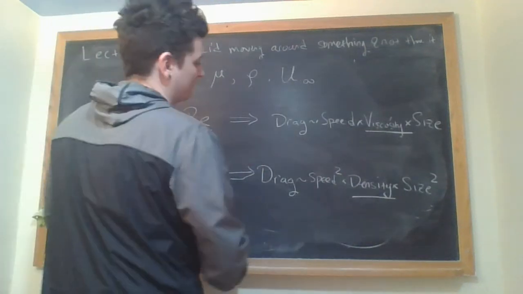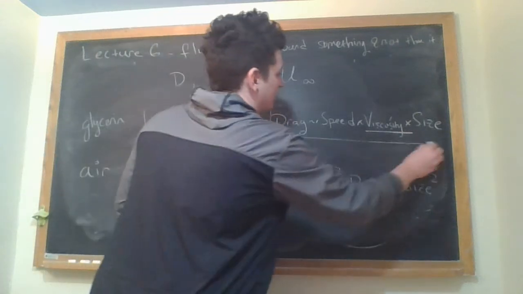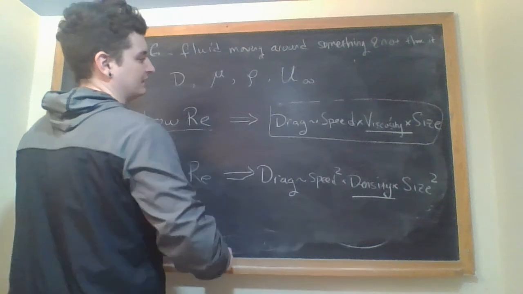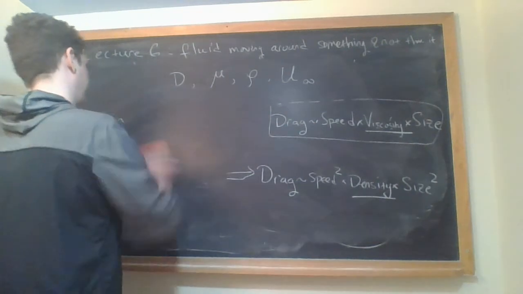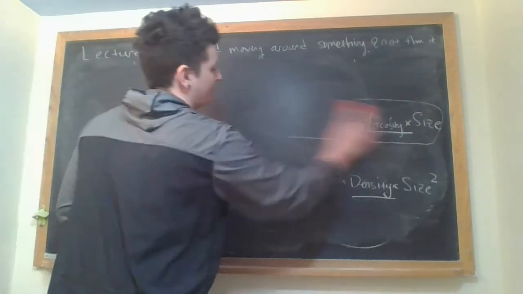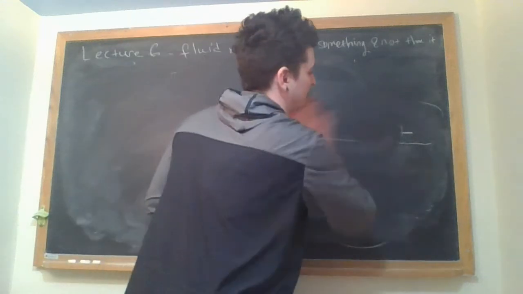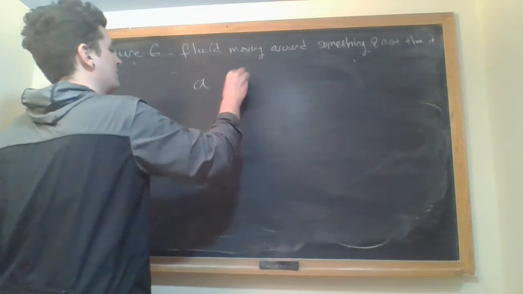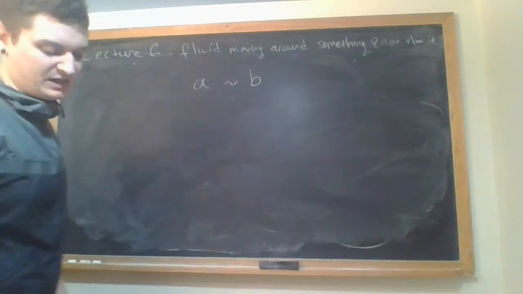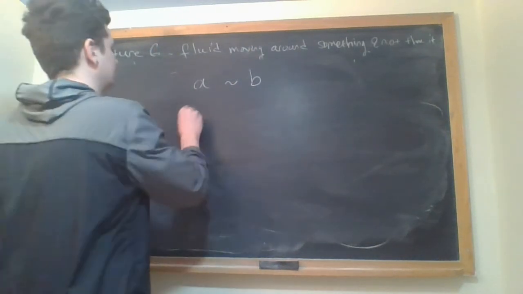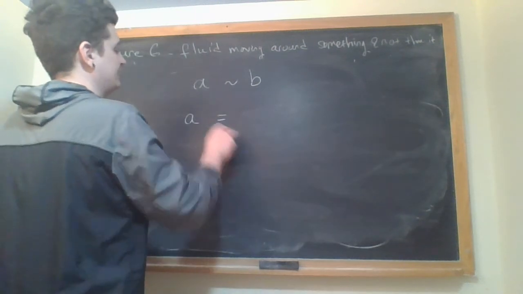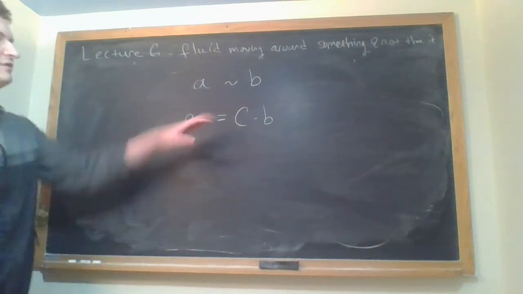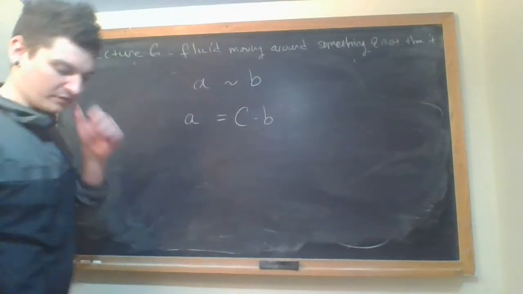So I just want to now go over what you do when you come up with these laws, this idea of proportionality with that little twiddly sign. The little tilde sign, you can think of A being proportional to B as a statement that A is equal to some constant times B, and they're all of the same order.